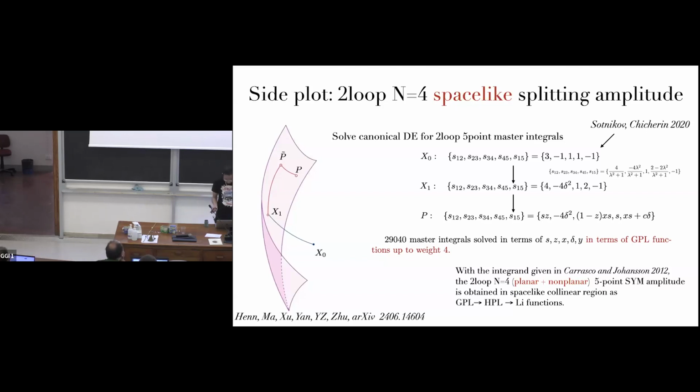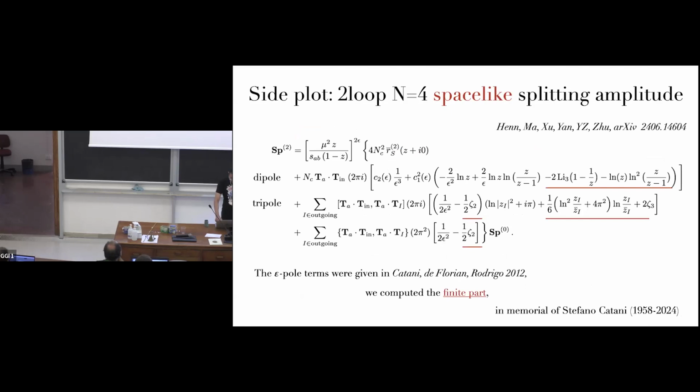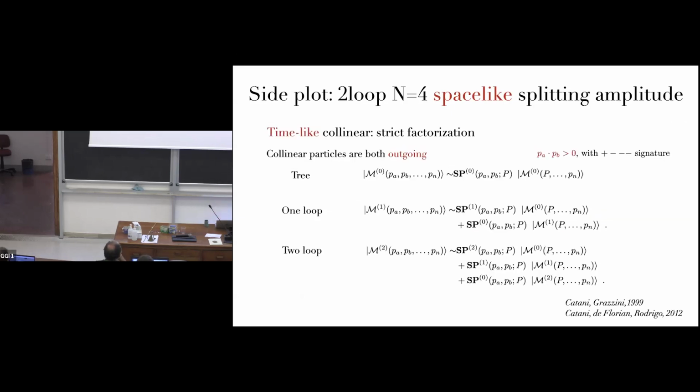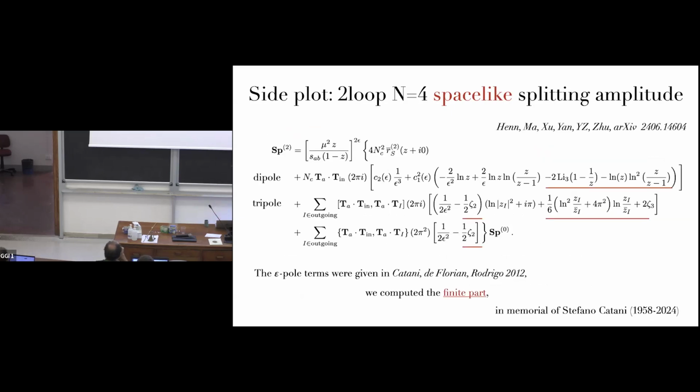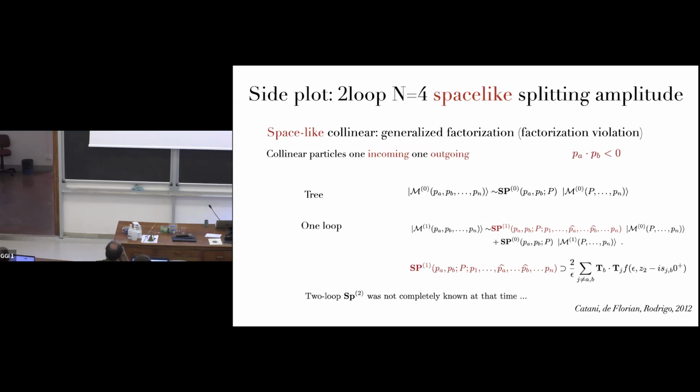And then we use polynomial tools. We find that for this amplitude, everything actually simplifies to classical polylog functions. Then we have a very simple analytic expression for this amplitude in that region. Compared with the 2 loop 4-point planar and non-planar amplitudes, we get all these missing terms.